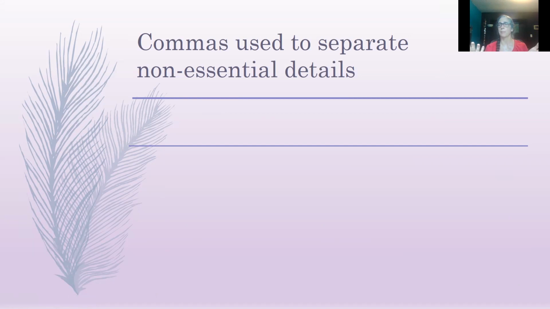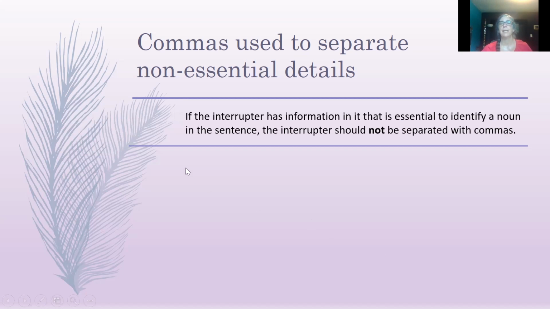Essential doesn't equal important. Things can be important and not essential. Essential for what? What do we absolutely need some details for? If the interrupter has information in it that is essential to identify a noun in the sentence, the interrupter should not be separated with commas. So essential to identify a noun, that is the important part to remember there.